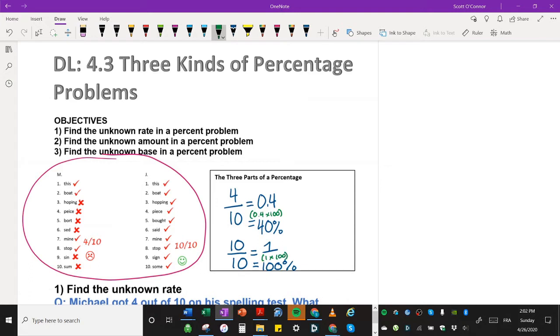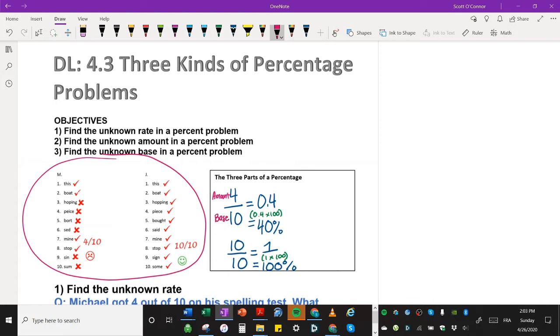All right, great. Now we've seen a percentage, now we can look at the three parts and we can label them. The term in the numerator of the fraction, that is the term in the top of the fraction, is called the amount. The term in the bottom of the fraction is the denominator, and that is called the base.